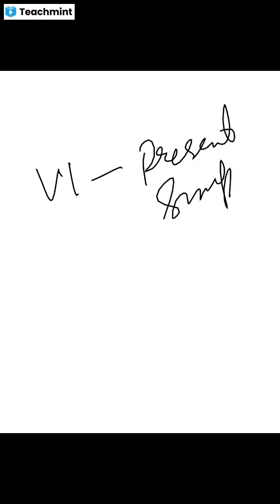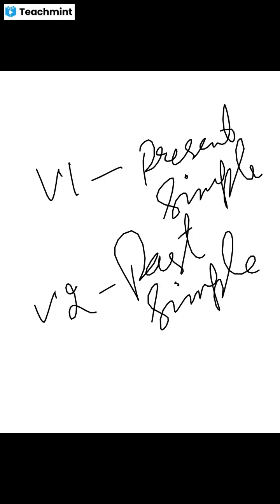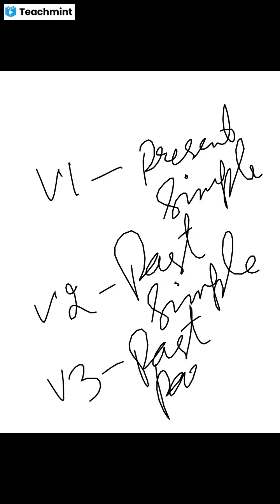V1 is always used for present simple. V2 is always used for past simple. V3 is known as past participle. One more thing: V1 is known as bare infinitive.